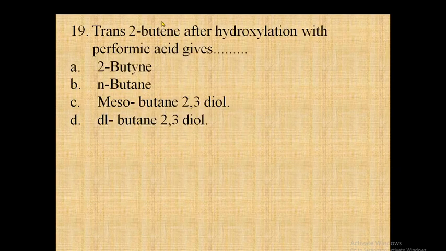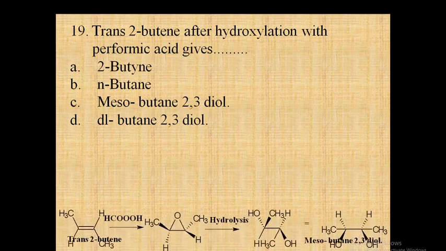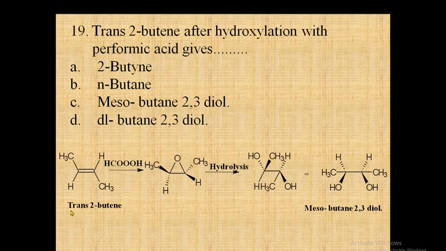Next question. Trans-2-butene after hydroxylation with performic acid gives 2-butene, n-butane, meso-butane-2,3-diol or DL-butane-2,3-diol. Let's see the reaction. So here it is trans-2-butene. When reacted with performic acid, epoxidation will take place.